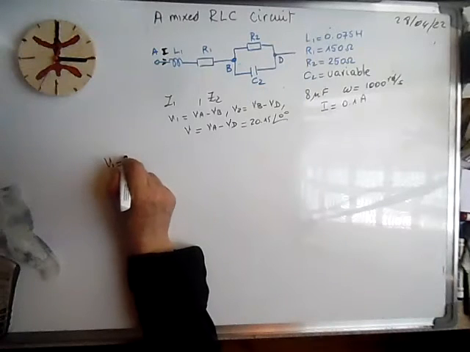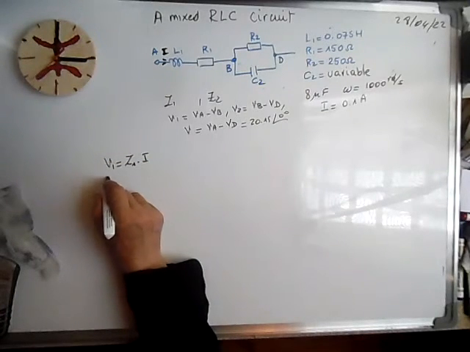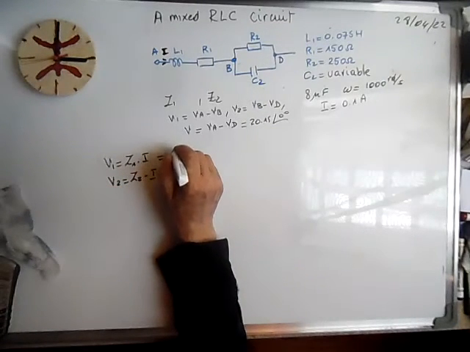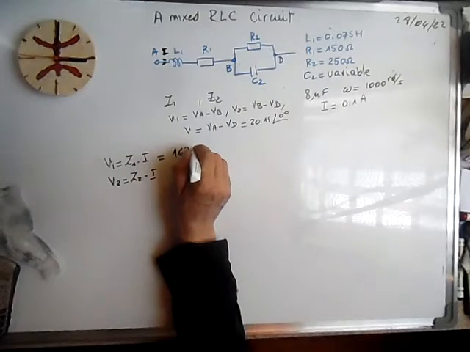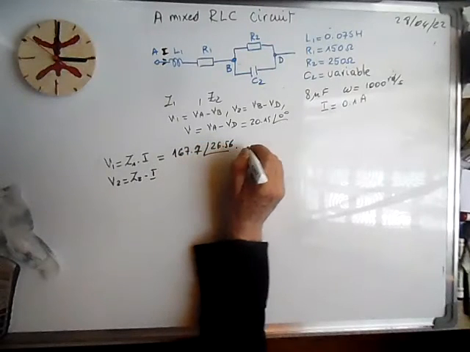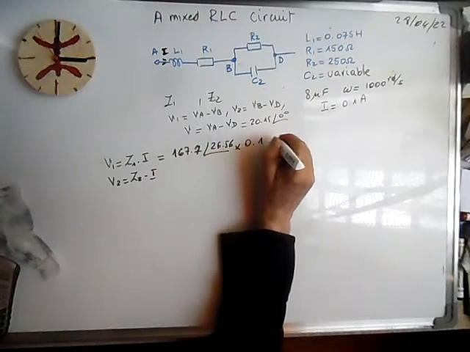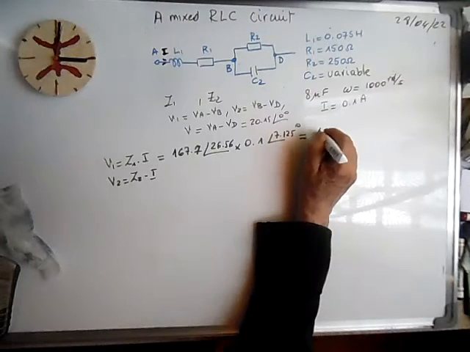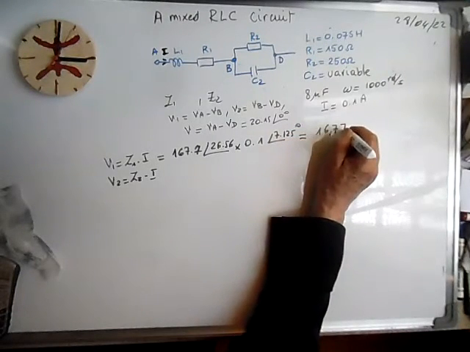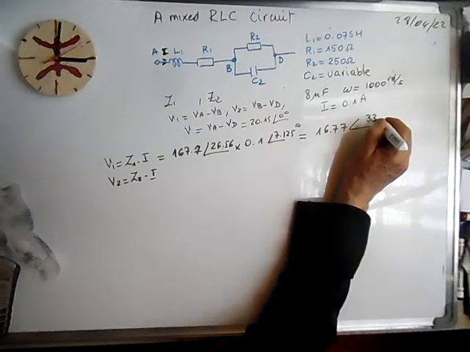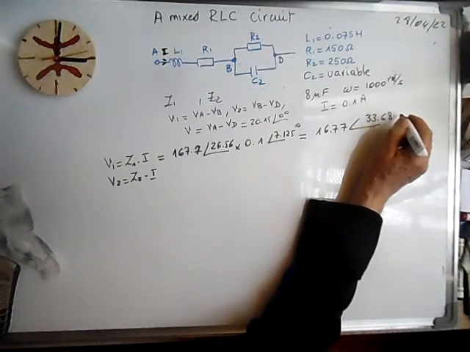V1 is equal to Z1 times I, and V2 is equal to Z2 times I. Z1 is 167.7 with argument 26.56 times 0.1 with 7.125 degrees, and the result is 16.77 with an argument of 33.68 degrees.